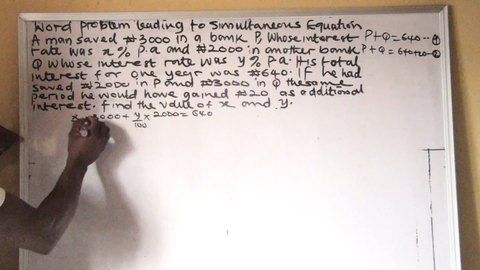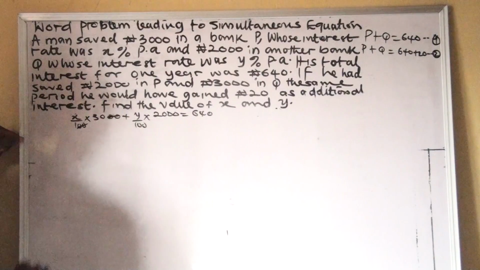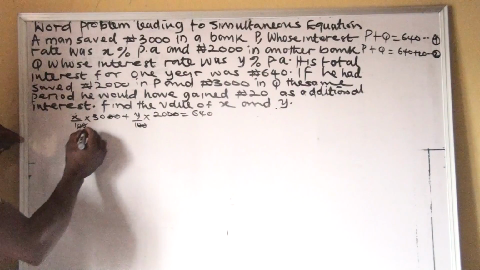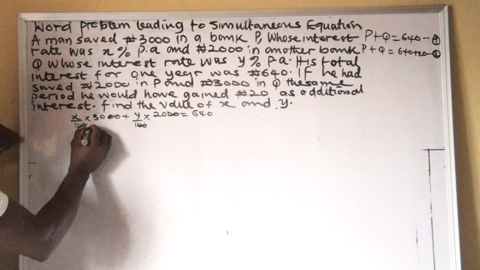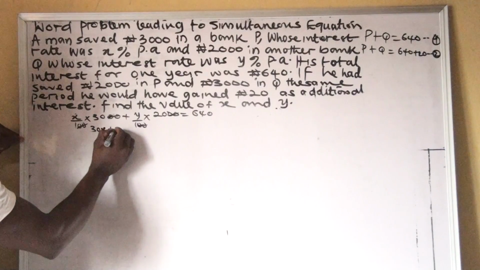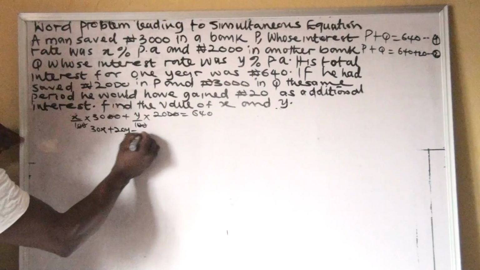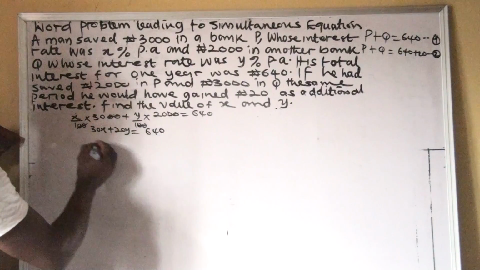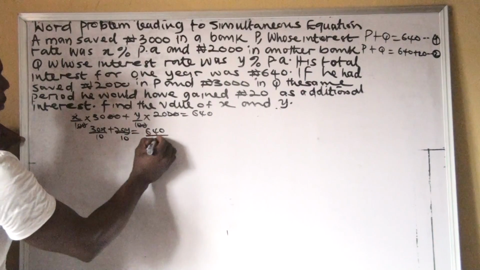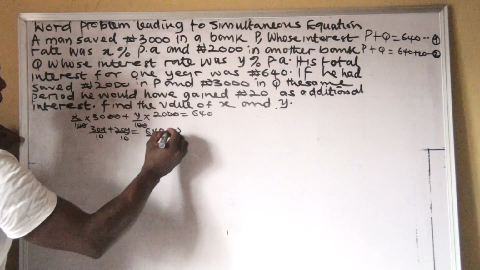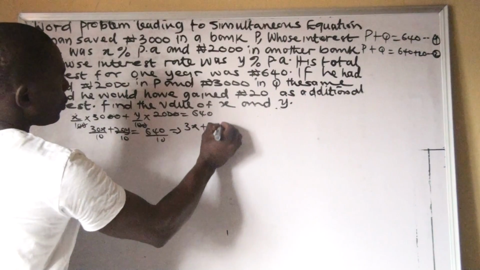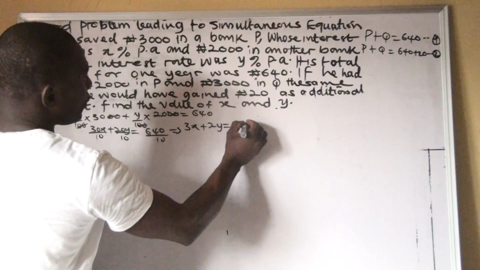By the time we are through with this, 20 cancels with 20 here, and we'll be left with 30x plus 20y is equal to 640. Let's divide through by 10, and our answer becomes 3x plus 2y is equal to 64.